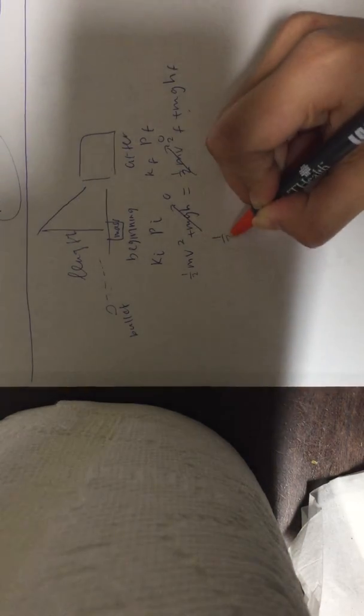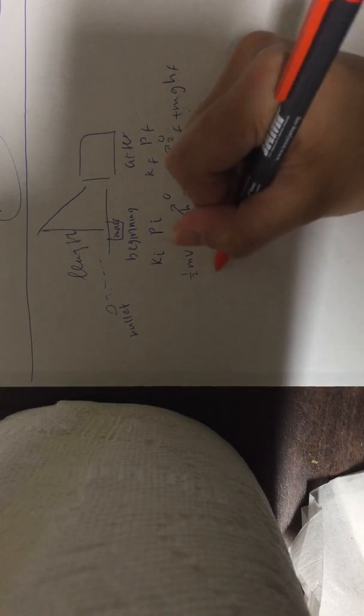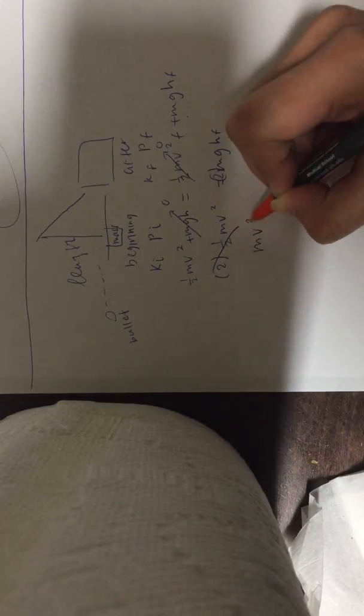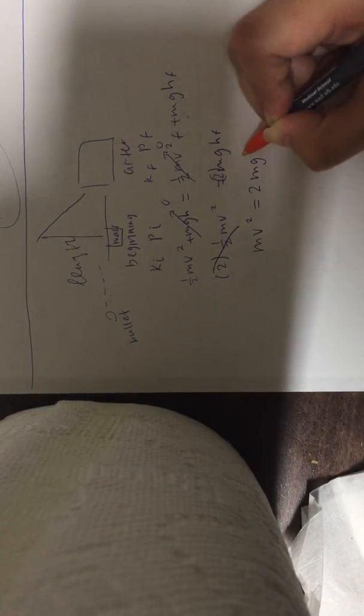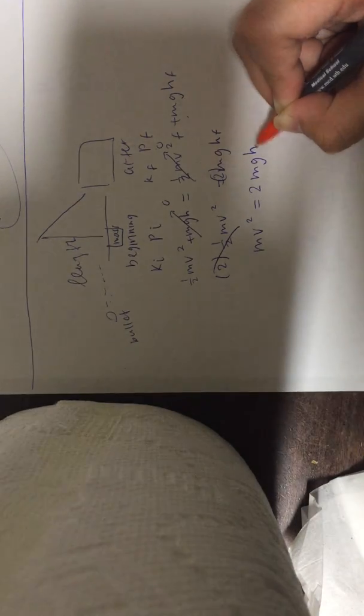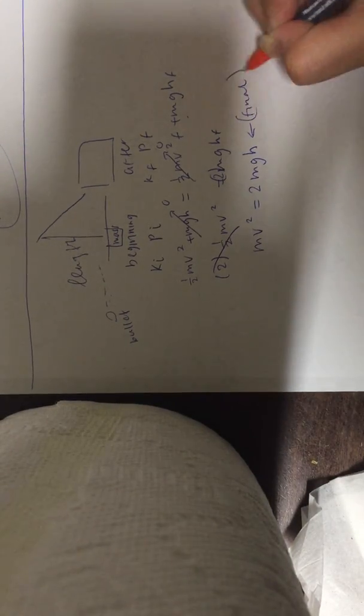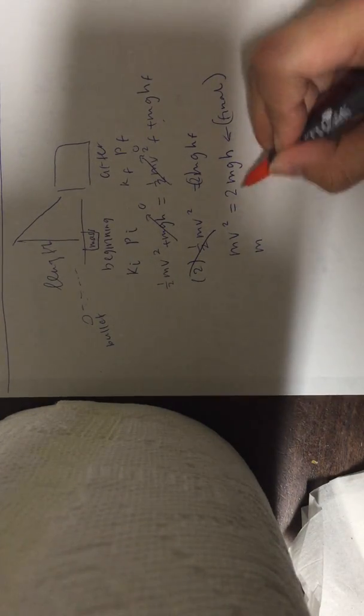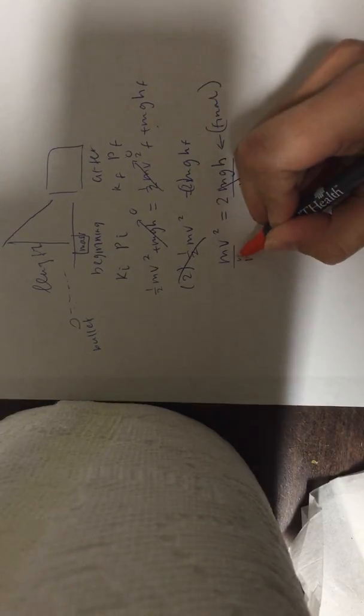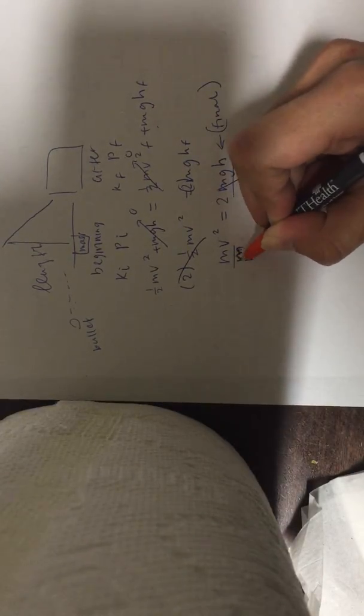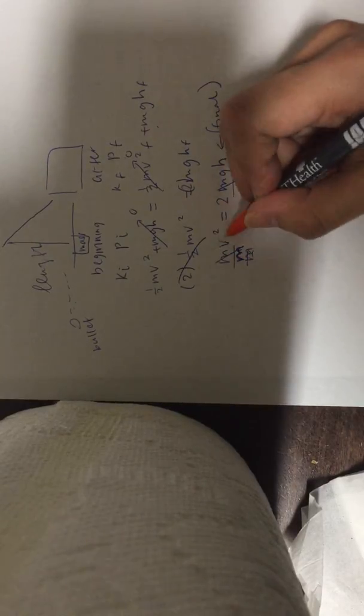So then what you have left is 1/2 mv squared equals mghf. You multiply that by 2, cancel that out. So you get mv squared equals 2mgh. This will be the final. Okay. What you do is you divide by m, cancel that out to get the v squared by itself. So then you can't have a square, so you square root it.